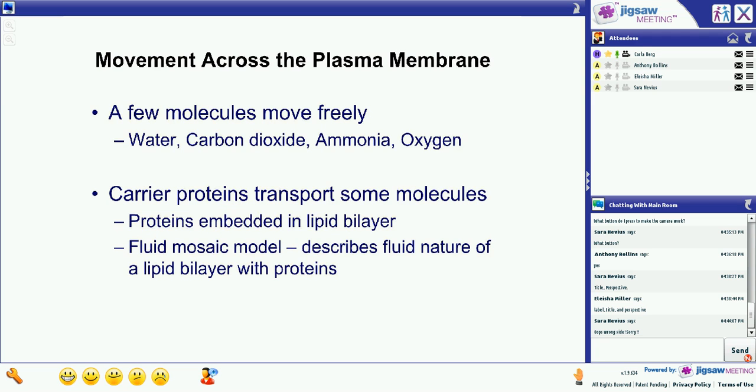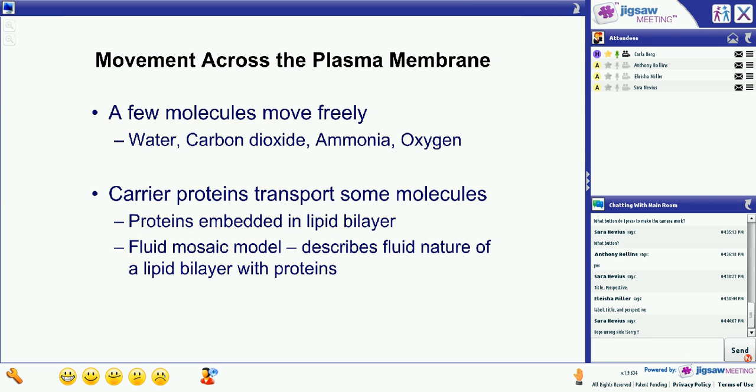So if you think of this on a much larger scale, and you think of a cell as a harbor that boats would go into. Some things can move freely in and out of the harbor. Carbon dioxide, oxygen, there's no barrier that stops that.